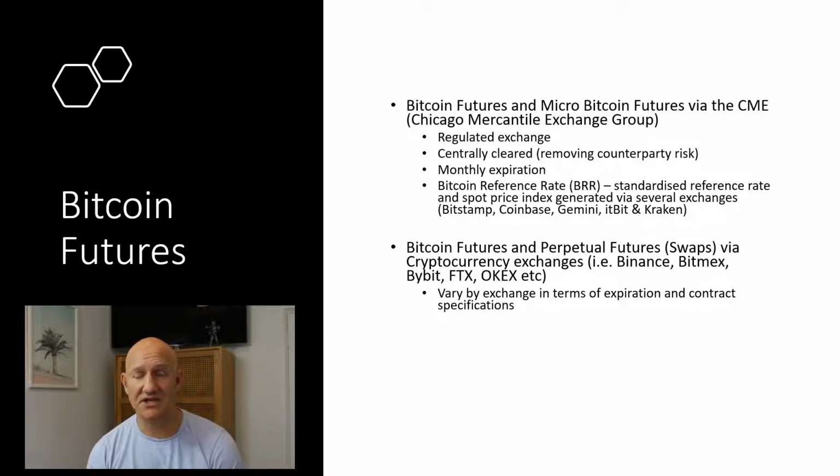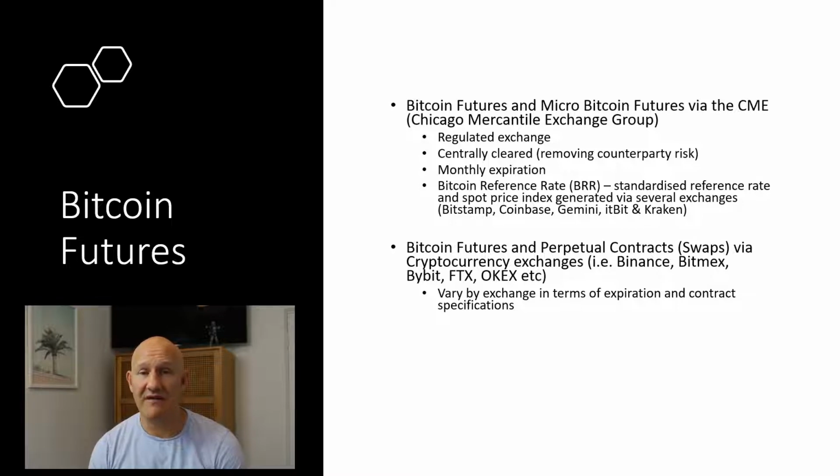Being a regulated exchange, it has the benefits of a central clearinghouse, which removes a lot of the counterparty risk. They use monthly expiration, and in terms of a spot price, the CME uses what's called the BRR, or the Bitcoin reference rate, which is essentially the amalgamation of the spot rate across a number of cryptocurrency exchanges.